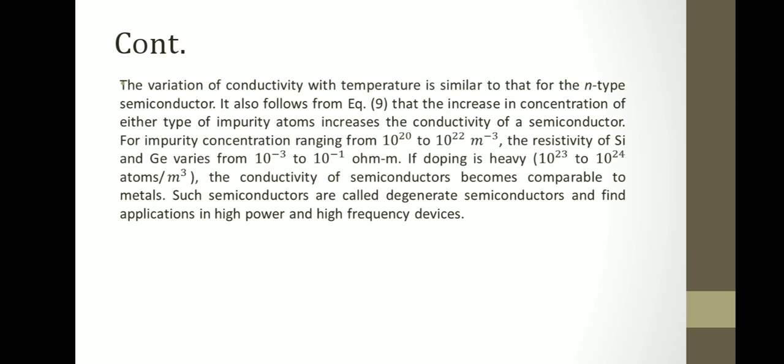If doping is heavy, 10 to the power 23 to 24 atoms per m cube, the conductivity of semiconductors becomes comparable to metals. Such semiconductors are called degenerate semiconductors and find applications in high power and high frequency devices.